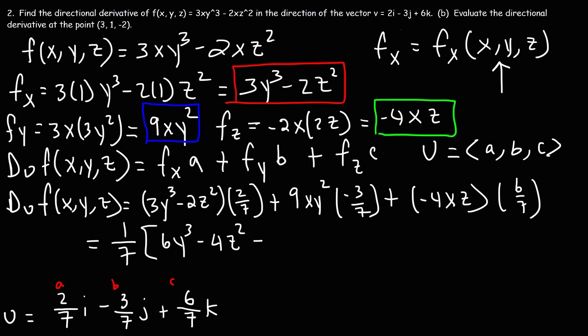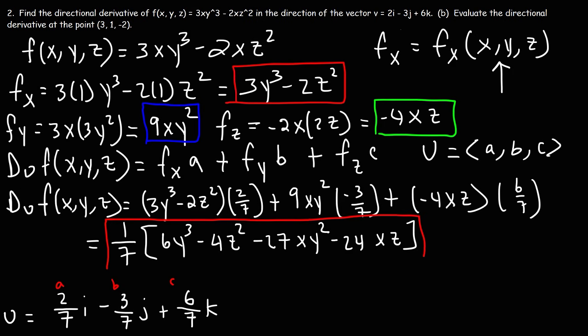And then minus. Negative 3 times 9 is negative 27, so we're going to have negative 27xy squared. And then 6 times negative 4 is negative 24xz. So this right here is the directional derivative of a function with 3 variables.